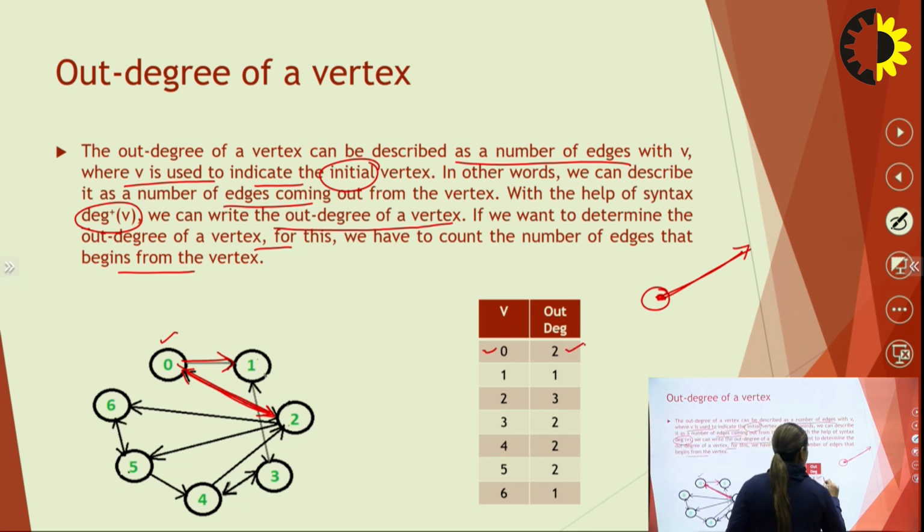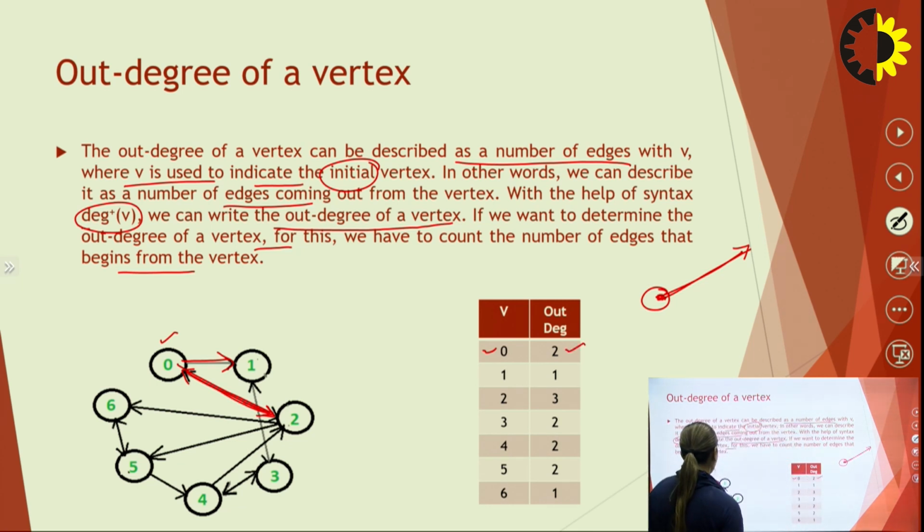The out degree is 2 now. Now 1, what are the edges that are moving out? See, check this edge, this is coming in also and out also, right? So that means this will also be counted in case of 1 also. So the out degree of 1 is 1, right? Out degree means out degree.